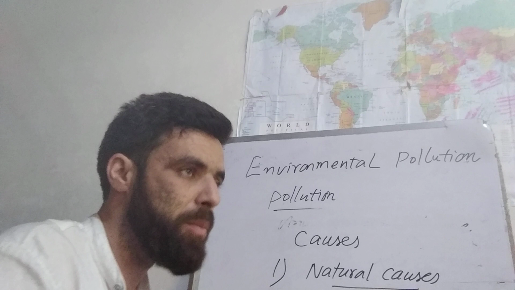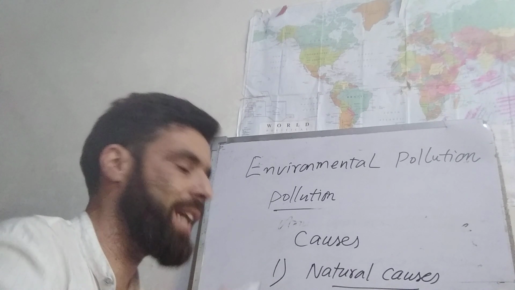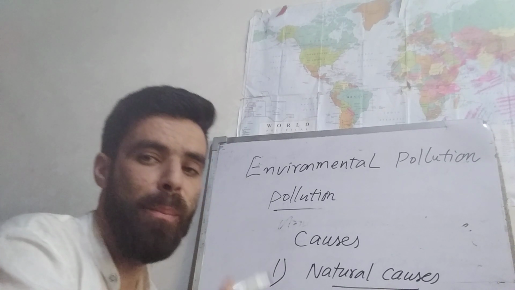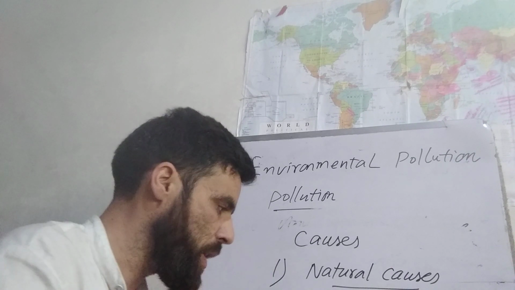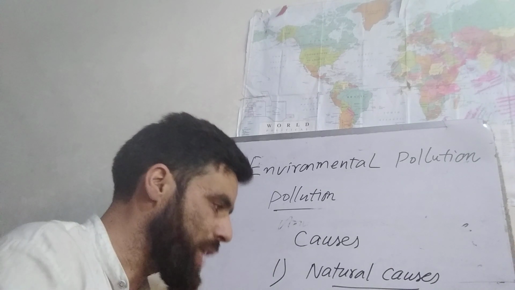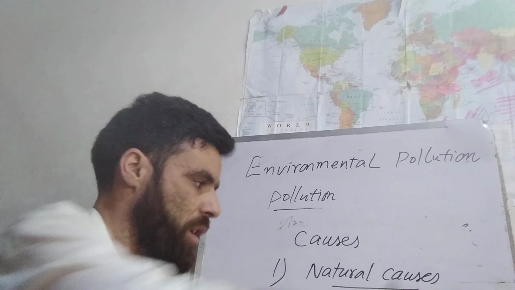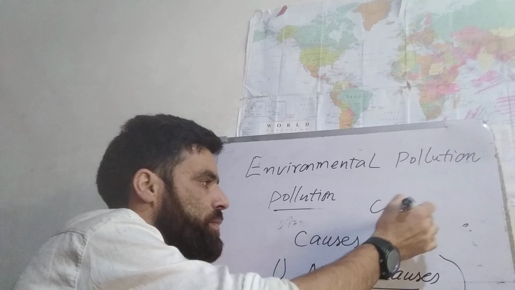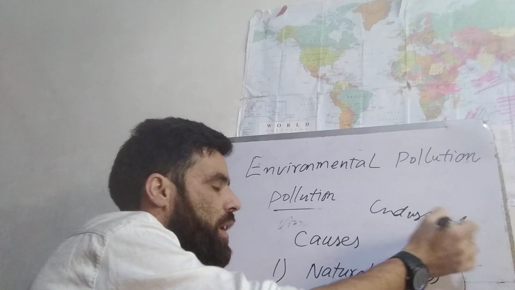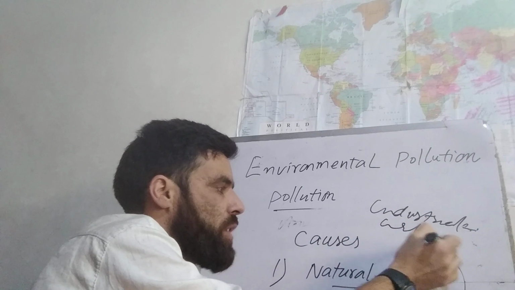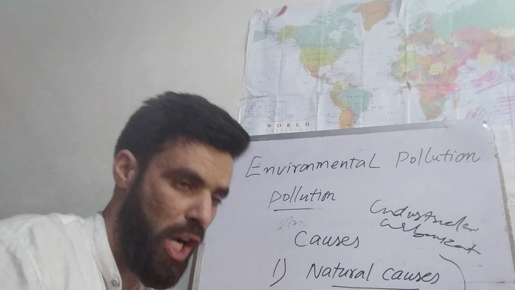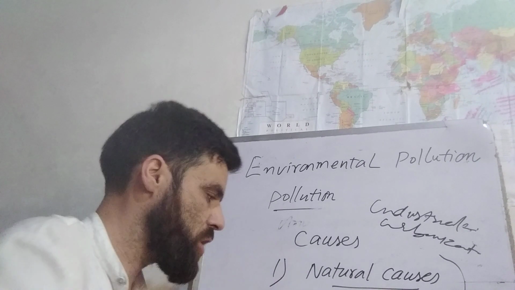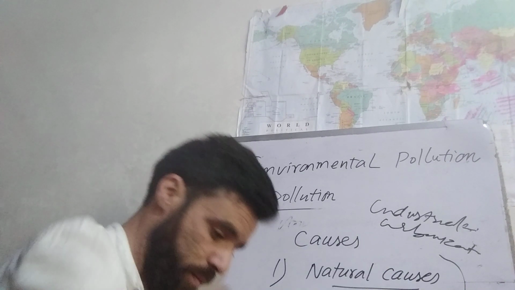But with the advancement in science and technology, with rapid industrialization, man has been more and more dependent upon market. Through that, various activities emerged, like industrialization, like urbanization, rapid urbanization. It led to massive change in the environment, which causes pollution.